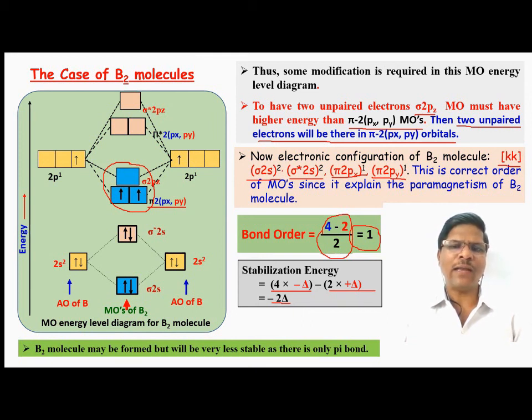The characteristic of a pi bond is that it is very less stable and is not formed without the presence of a sigma bond. So the B2 molecule is very difficult to isolate and to study its properties. The B2 molecule is very less stable and can be formed only in specialized conditions.